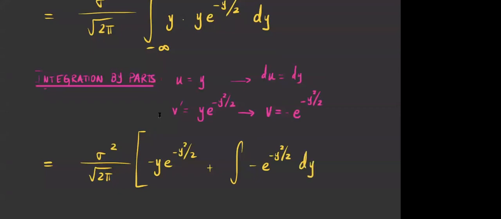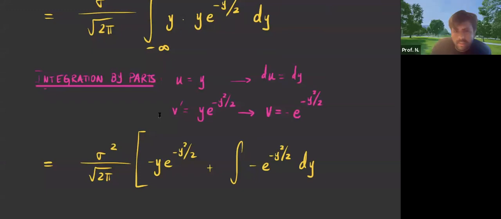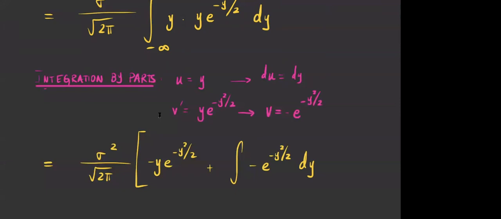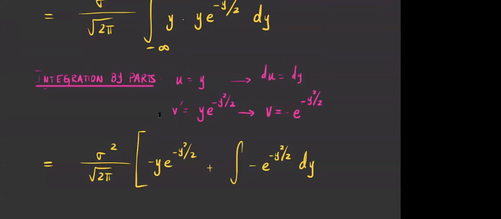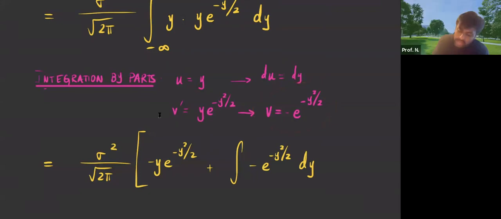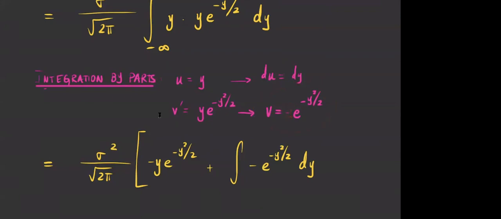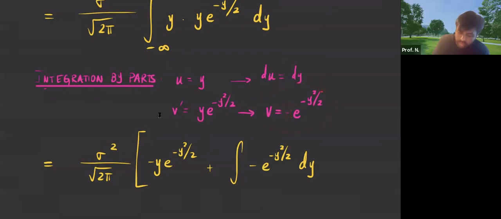Professor, shouldn't it be negative 2e? Say that again. Shouldn't it be negative 2e? You're talking about this one here? Yeah, negative 2e. Well, remember when you do the chain rule, you take the derivative of this.